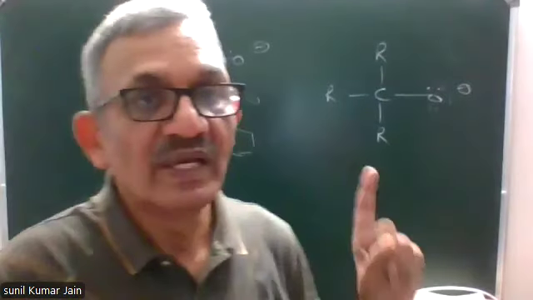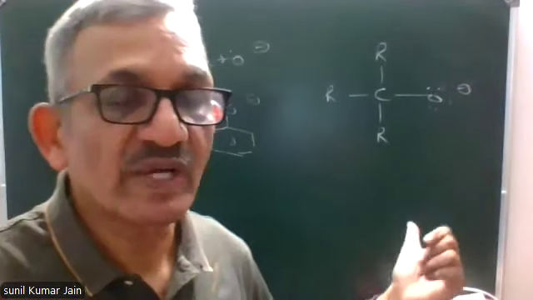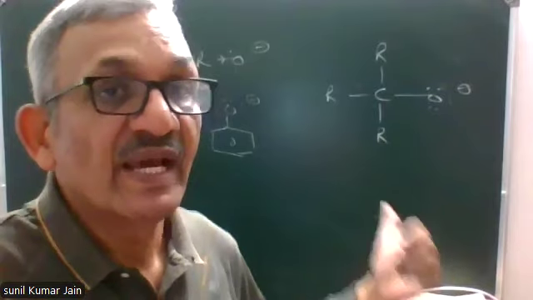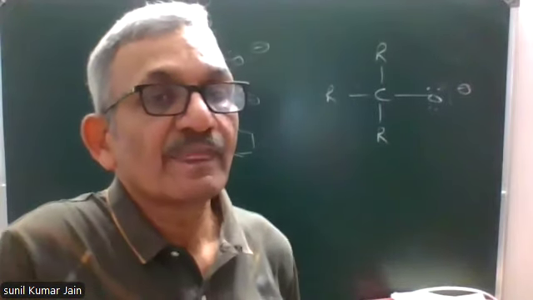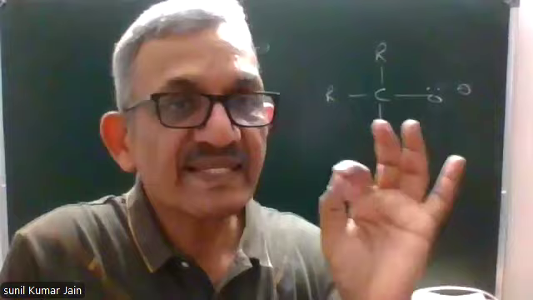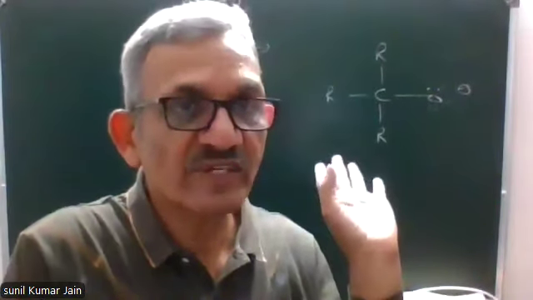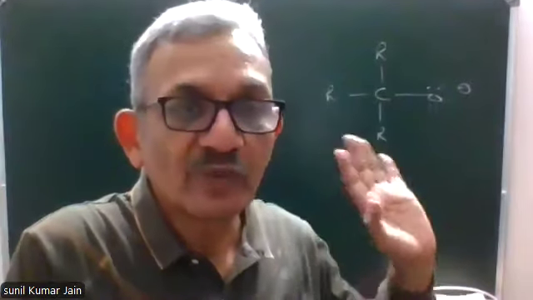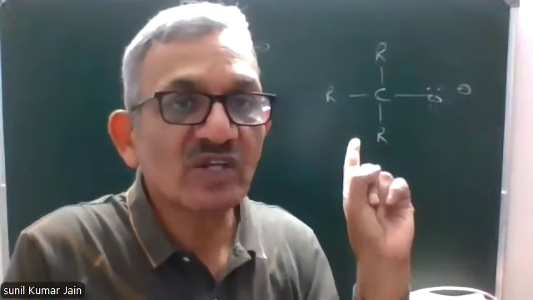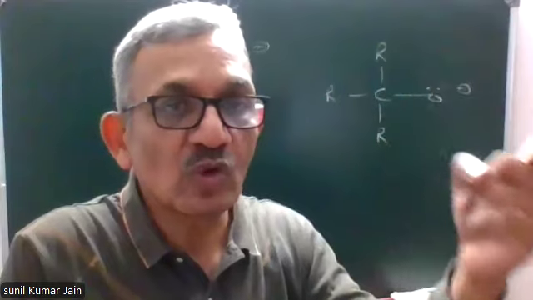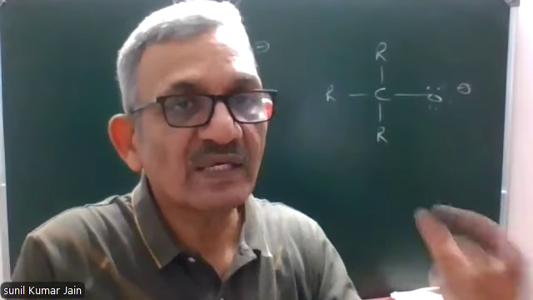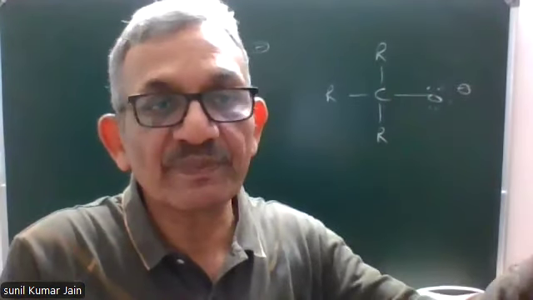Coming to phenol. Phenol, after losing H plus, forms phenoxide, and this phenoxide stabilizes itself through resonance. We'll draw resonance structures later. And during resonance, negative charge of oxygen goes to ortho, goes to para, goes to other ortho carbon atom.